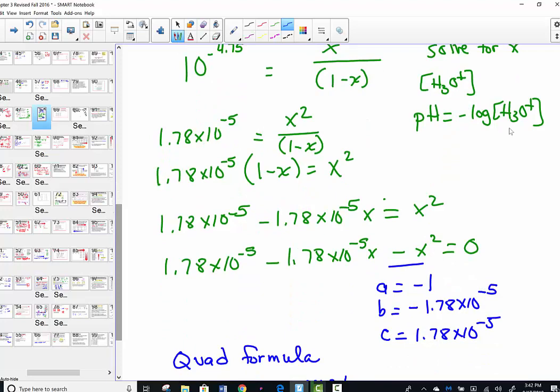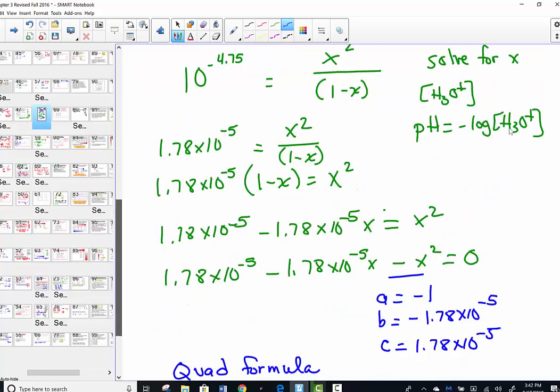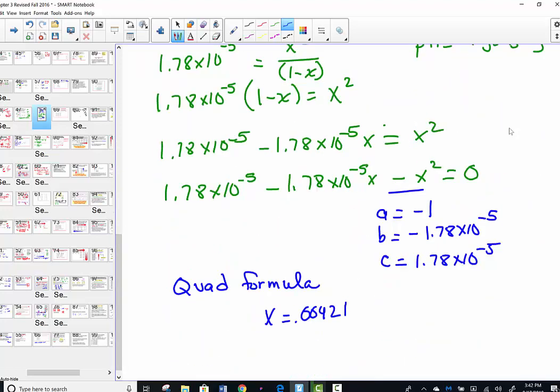So back to the initial ICE chart, we've decided it really was okay to toss out this X and just simply call it 1, and it would definitely simplify the math for you. So if you're not familiar with the quadratic formula, let the math become simplistic, where you would have just said 1.78 times 10 to the -5th is set equal to X squared over 1.